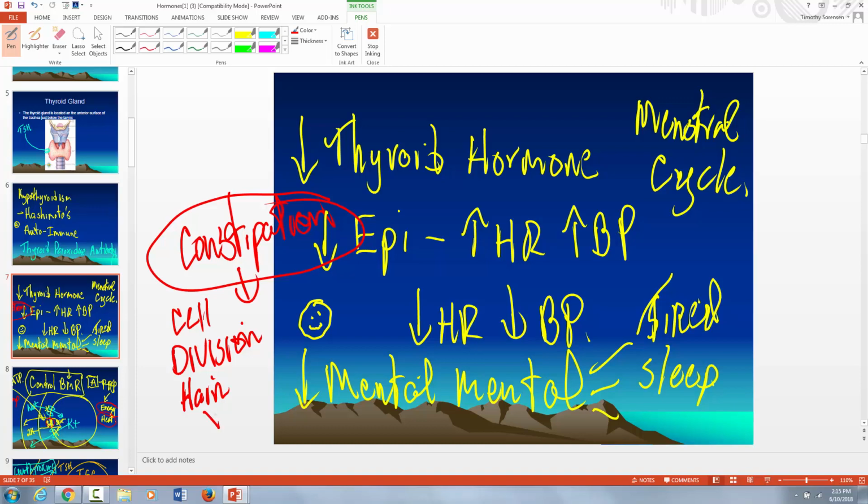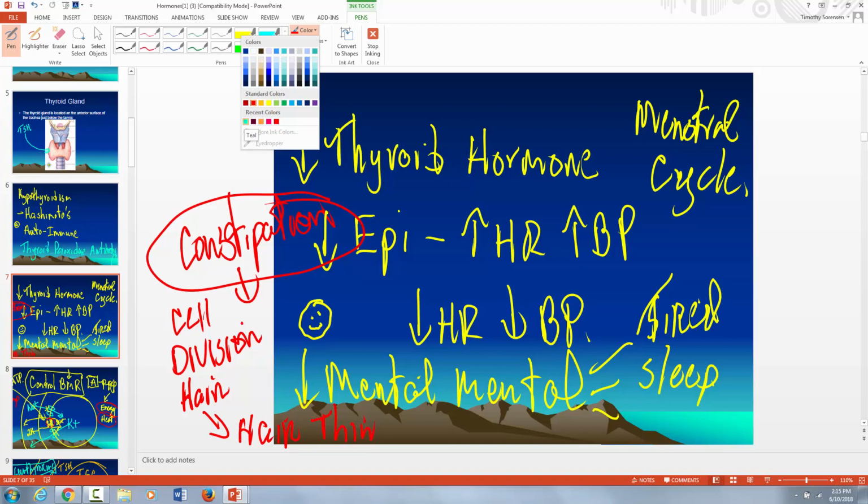So the hair will fall out, but it won't get replaced. So your hair will begin to thin. And that's usually one of the things that the doctor will ask. So when you think of hypothyroidism, it's going to slow everything down.